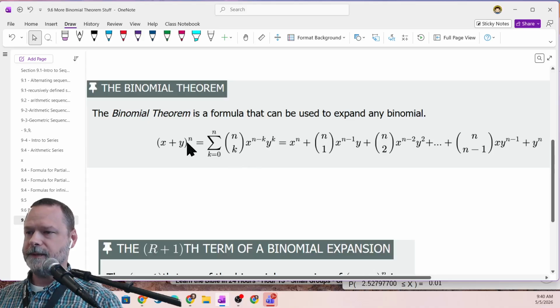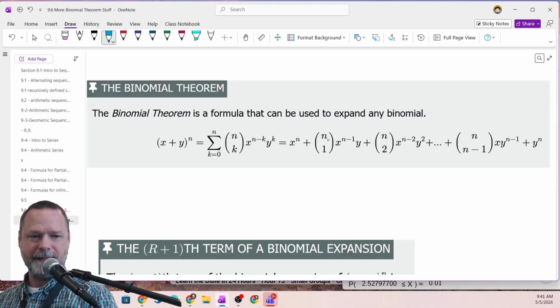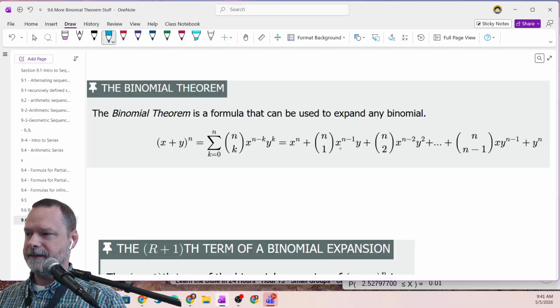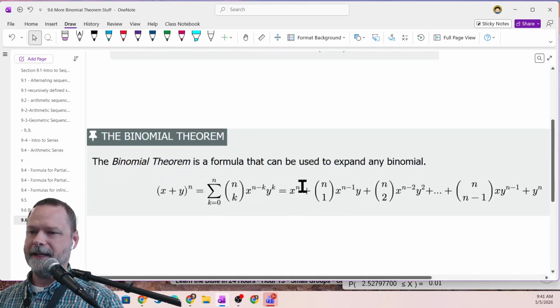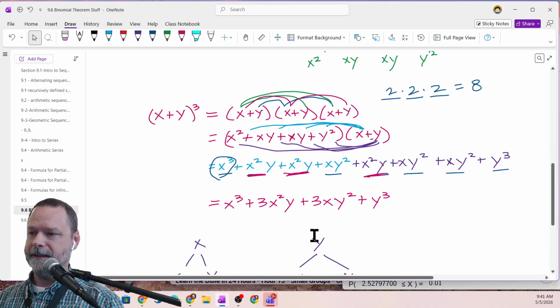And so x plus y to the n is x to the n. And then that first term is how many ways are there to pick one thing. So again, we could think about the y's. How many ways to pick 1 y out of n y's? Or out of n terms, right? It's the same thing. Well, there's x to the n minus 1 times y, and choose 1. And we saw that in our examples when we had 3.